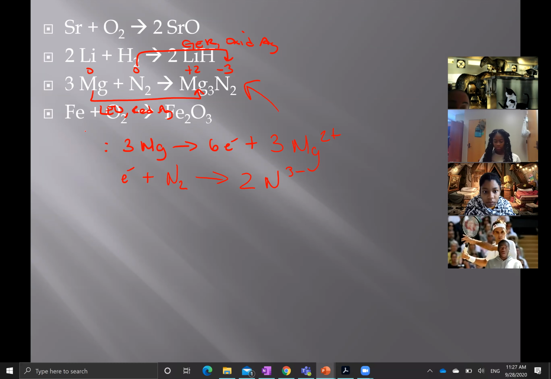For that reducing side, it said 6e minus, but wouldn't it be 6e plus because the nitrogen is the one gaining the electron? Electrons are always negative, so no e plus. Don't do that ever again in your life.